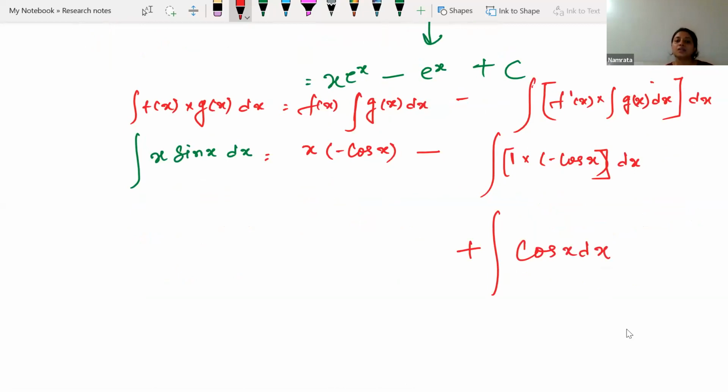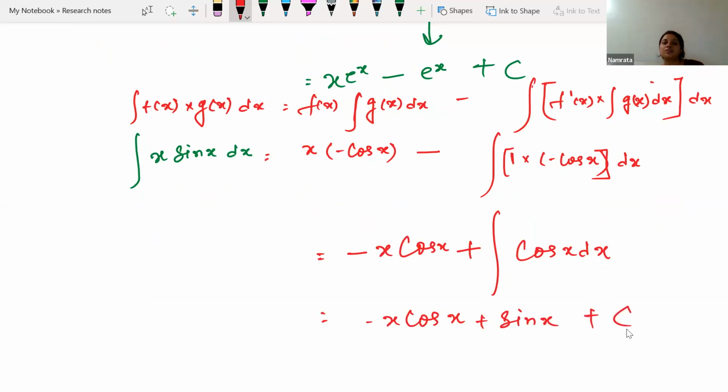And the starting one is minus x cos x. Now minus x cos x, and integration of cos x is sin x plus constant of integration. So this is how quickly we are going to apply the rule. Is it clear?